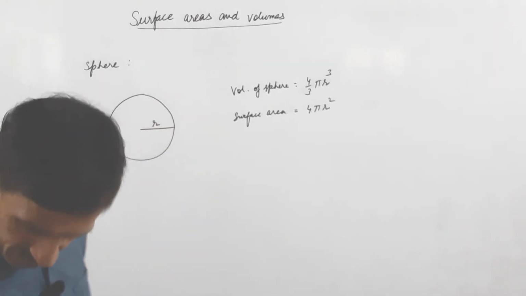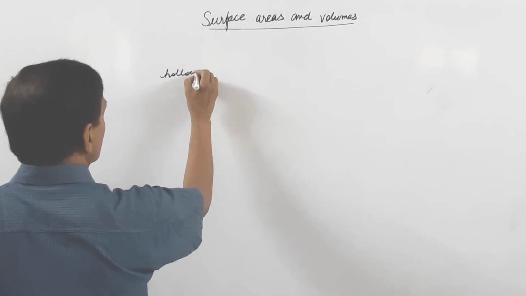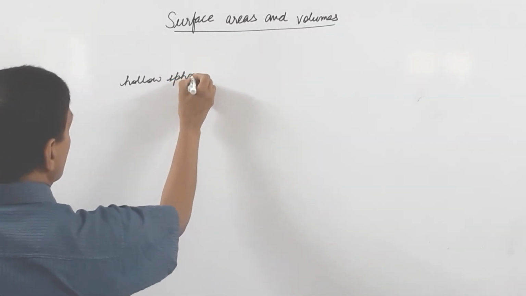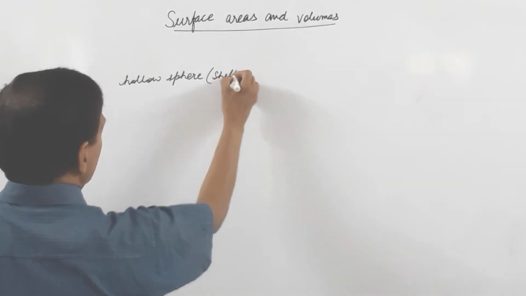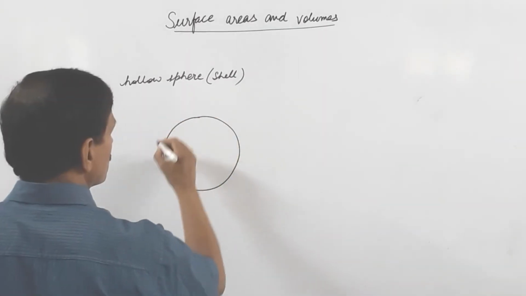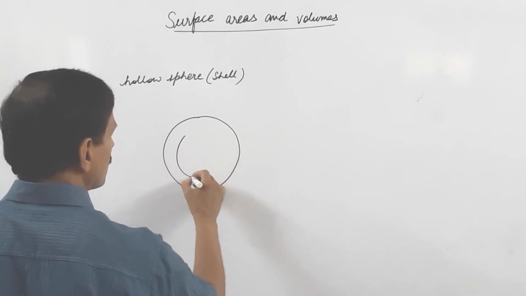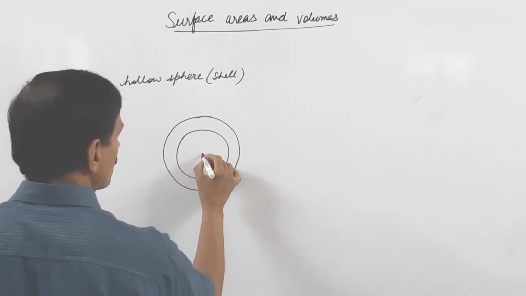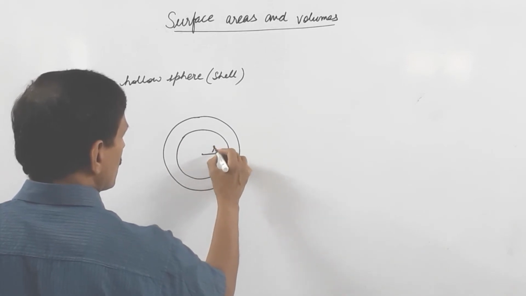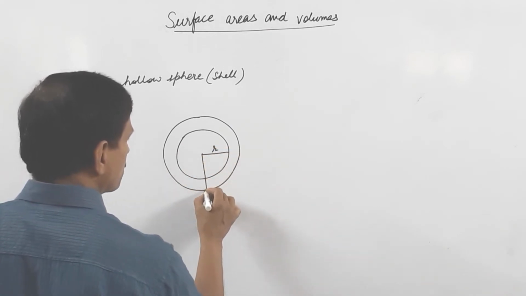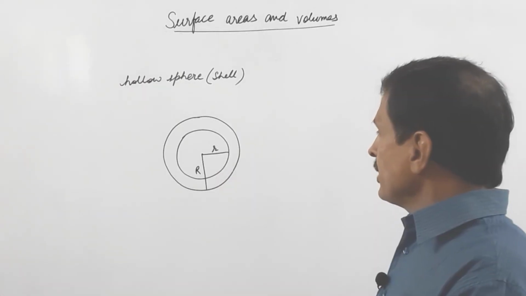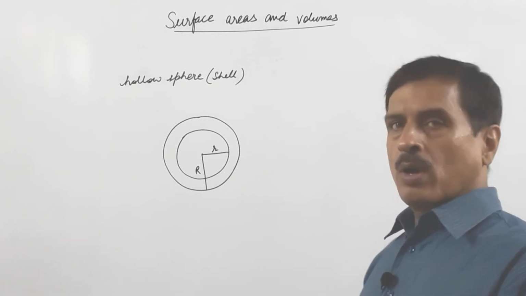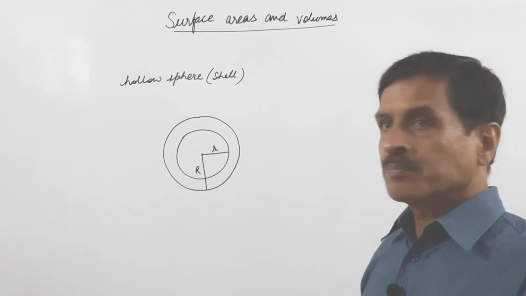The next is hollow sphere, or shell. The inner radius is small r and outer radius is capital R. It's just like a tennis ball which is hollow from inside.